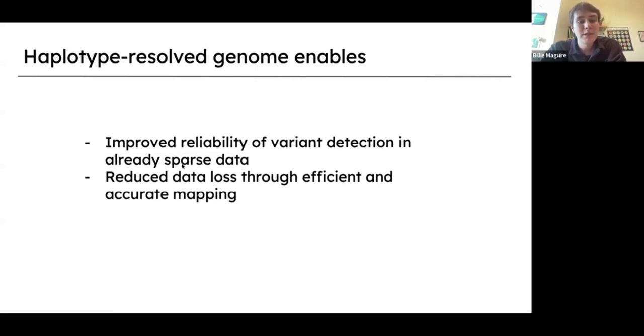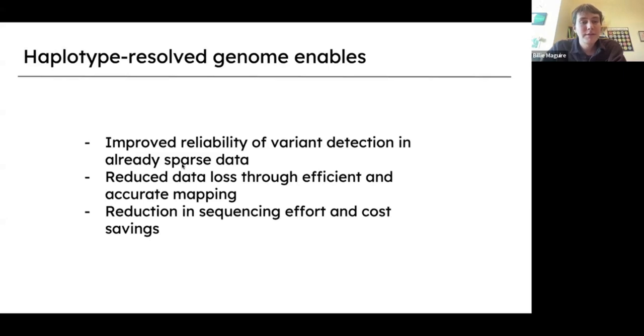So in a pseudo-haplotype assembly, you might have regions of the genome that are duplicated or missing. And so your reads map twice, or they overmap, or they undermap, or they don't map at all to the genome. And so we're losing data in this case. And this is particularly bad because our data is already sparse. And so together, a haplotype-resolved genome assembly allows us to do low coverage whole genome sequencing, which allows us to save costs on sequencing effort.